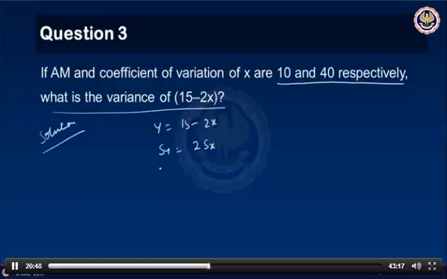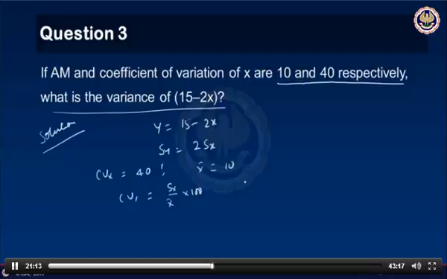As given here, the CV of x, the coefficient of variation of x, is 40 and x bar equals 10. The formula is CV of x equals standard deviation of x by x bar into 100.